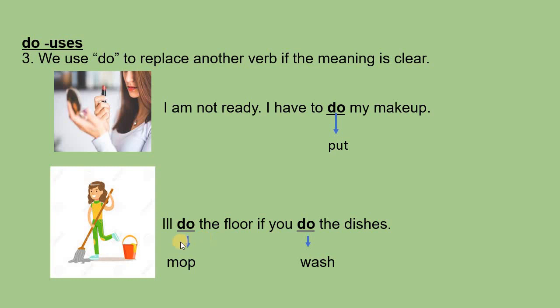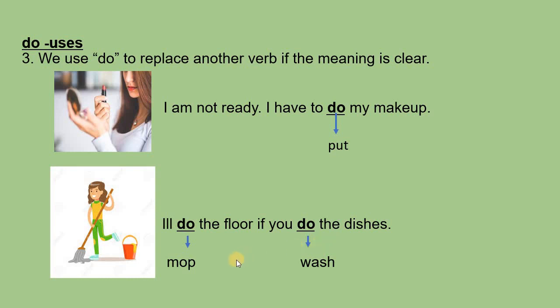Next, second one here. I'll do the floor if you do the dishes. So what do you think is the verb that we are replacing here? Okay, guys? Of course, the answer is mop and wash.